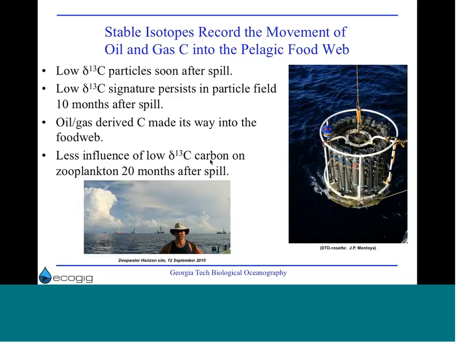That low delta C13 signature persisted for at least 10 months and in fact appeared to spread through the water column over that 10-month period. We know that oil and gas-derived carbon made its way into the food web, and we have some isotopic indications that this food web impact persisted for at least a year and a half, close to 2 years after the spill.